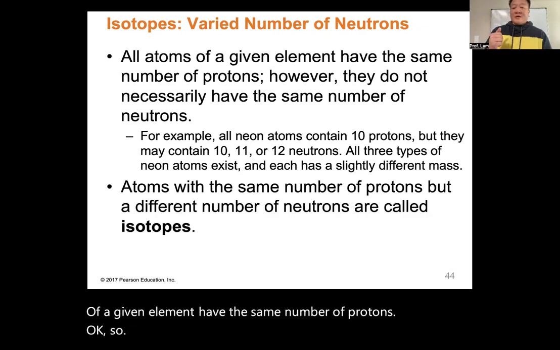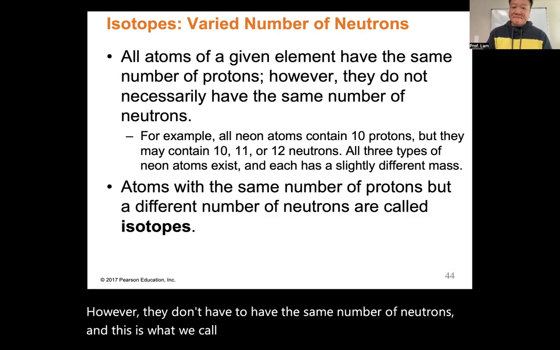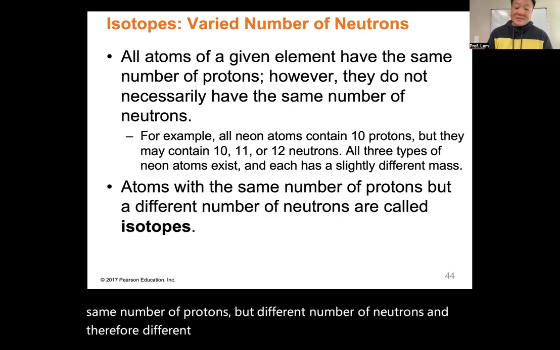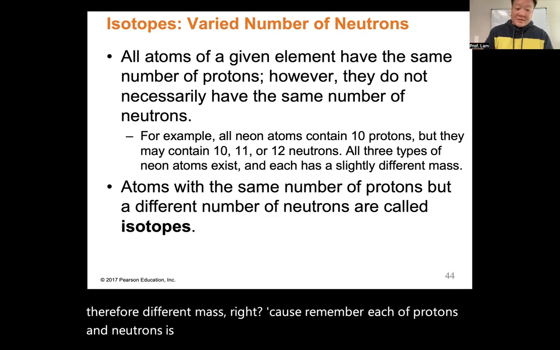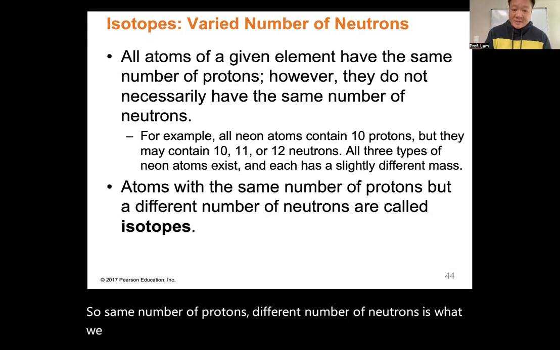However, they don't have to have the same number of neutrons. And this is what we call isotopes, okay? So again, isotopes have the same number of protons, but different number of neutrons, and therefore different mass, right? Because remember, each of protons and neutrons is 1 AMU. So same number of protons, different number of neutrons is what we call isotopes.